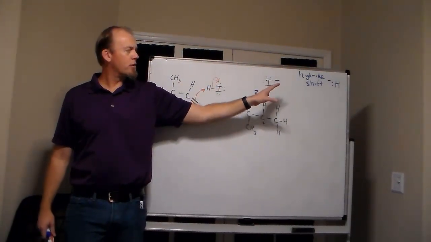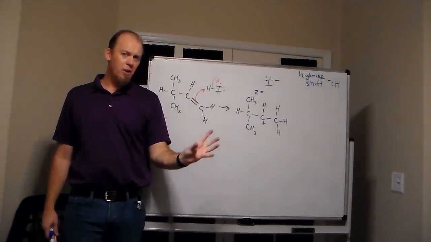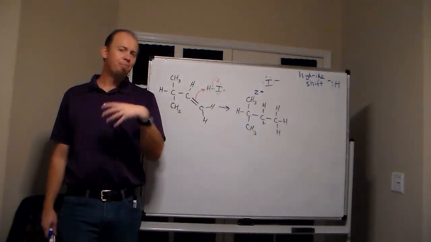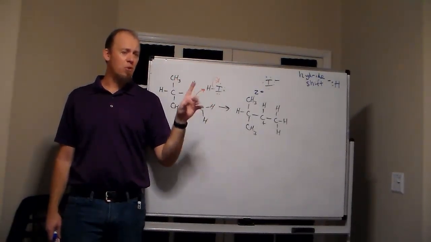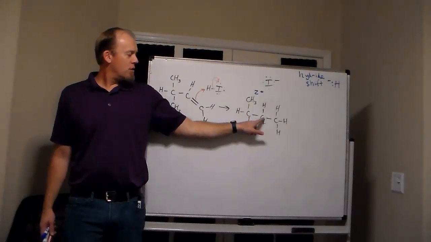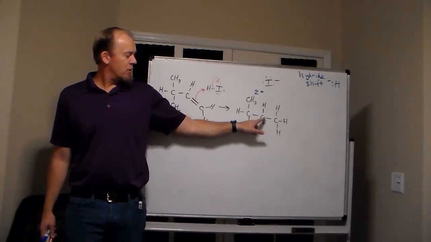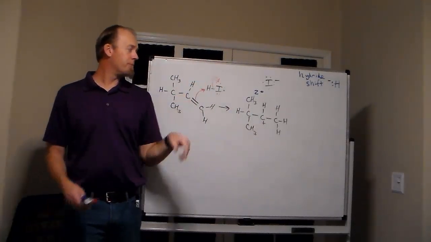A hydride shift, a hydrogen and the 2 bonding electrons move over one position. We call it this because a hydride ion is a hydrogen with a lone pair. It's got a negative charge. And to get a carbon bonded to a hydrogen here, I need to bring 2 electrons with me.